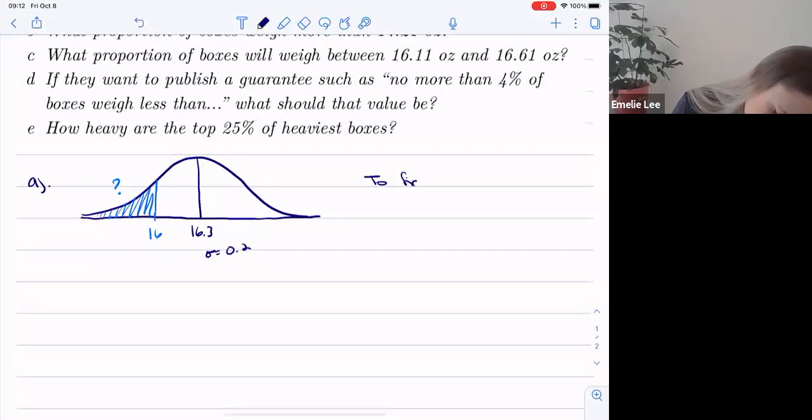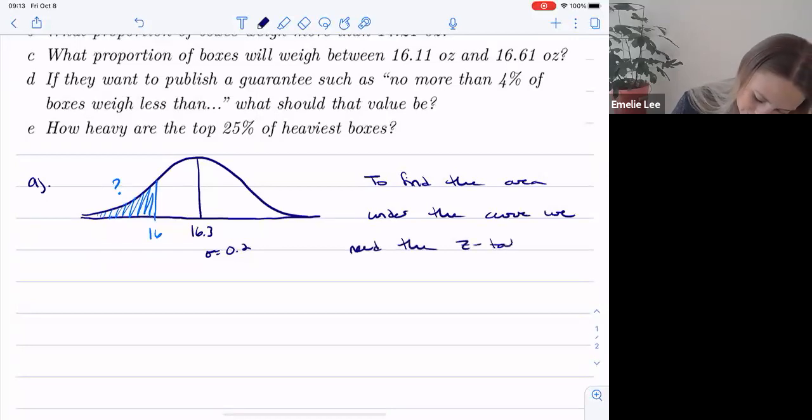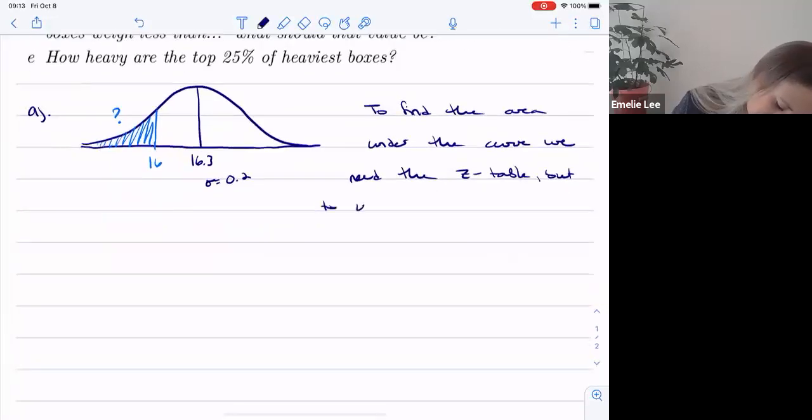To find the area under the curve, we need the Z table, but to use the Z table, we need a Z.